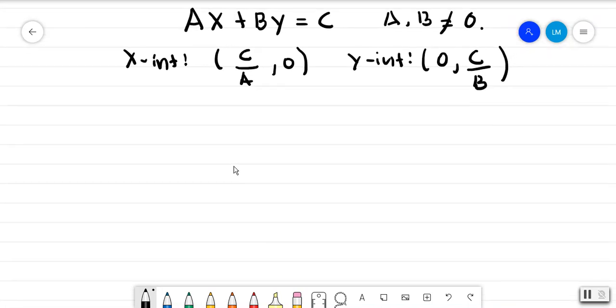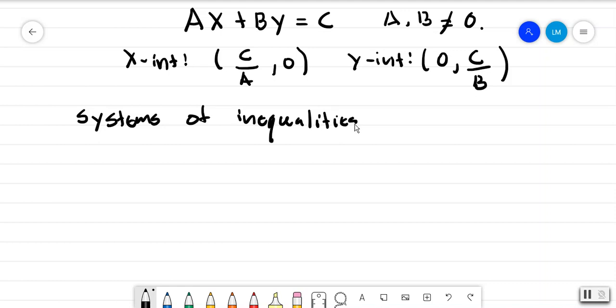Now, let's say that we look at systems of inequalities. Whenever we look at systems of inequalities, essentially it means that we're just graphing multiples.